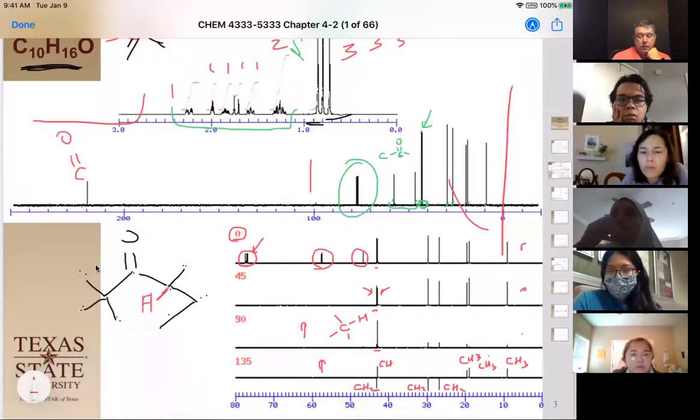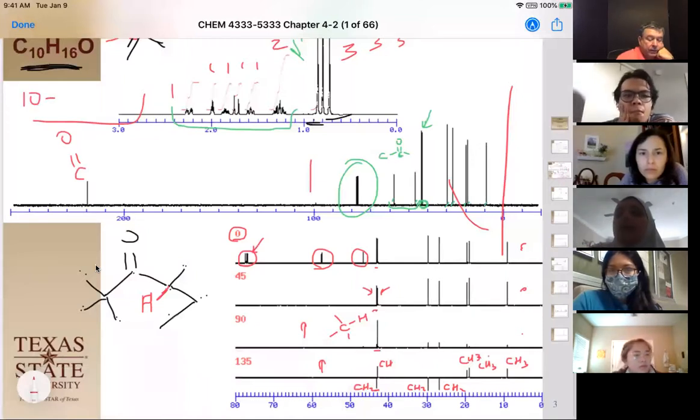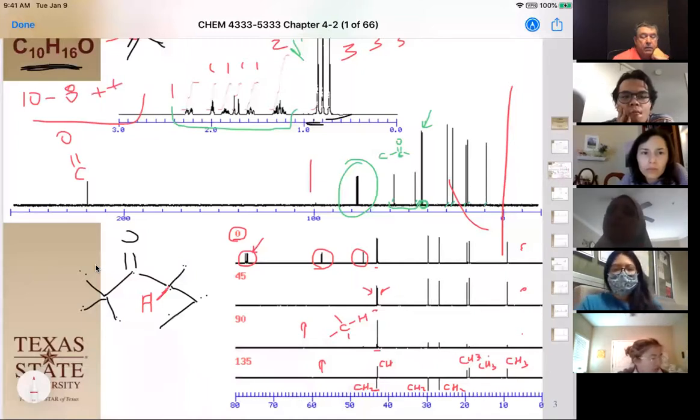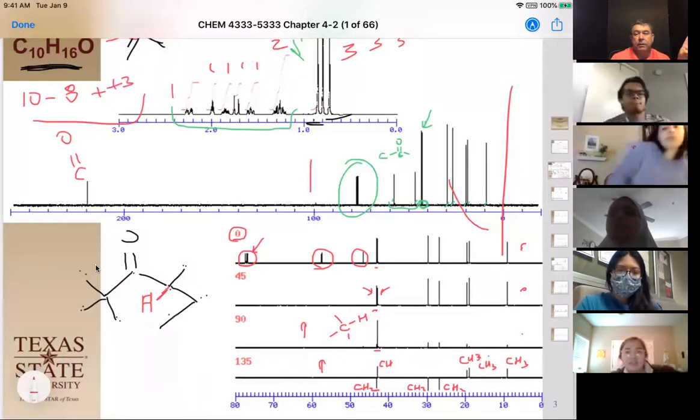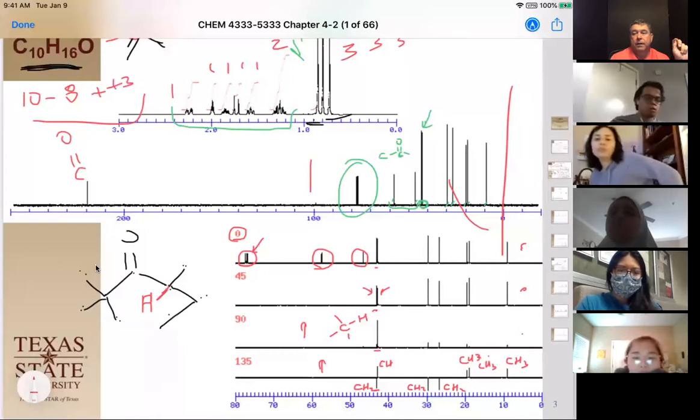Can you please check the hydrogen deficiency? Because 3 of us are getting 3. You're getting 3? Okay. Half of 8 is 4, so that's 2 plus 3. Oh, yeah, you're right. It's 3. So, okay, we have 1 for our carbonyl. So what does that make it?